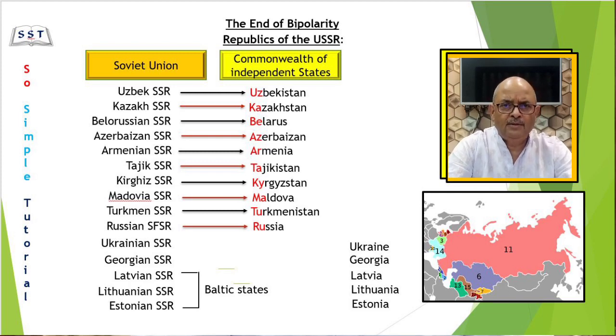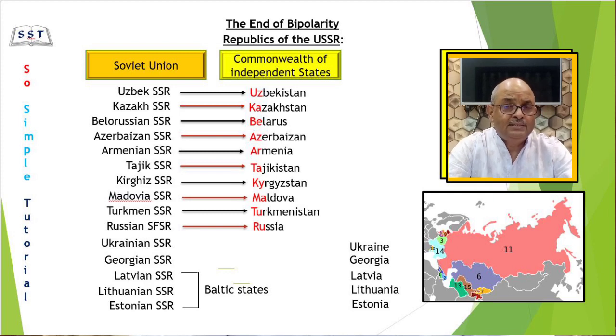The other republics are Ukrainian SSR, this is Ukraine now, Uzbek SSR, which is Uzbekistan today, Kazakh SSR, that is Kazakhstan today, Belarusian SSR, this is Belarus today, Azerbaijan SSR, which is still Azerbaijan, Georgian SSR, this is called Georgia, Moldovan SSR, this is Moldova today, Kyrgyz SSR, this is Kyrgyzstan, Lithuanian SSR, which is Lithuania today. This was the first republic to break away from the Soviet Union.